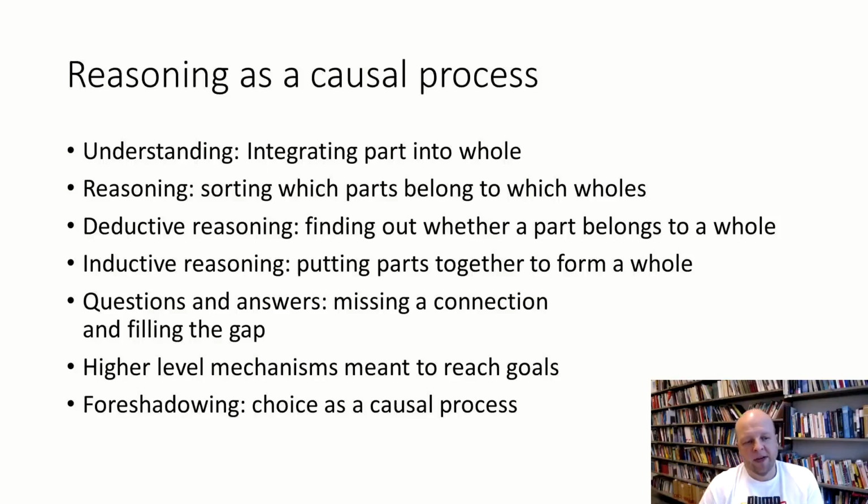So the idea then, to put this together, is that we have these general processes of putting parts together into wholes in the brain, but we also have some higher level mechanisms in the brain, such as putting things together at all, or drawing things out, or simulating, trying to fill out gaps. These are general mechanisms that the brain is doing all the time.